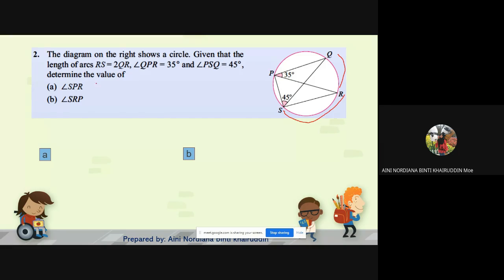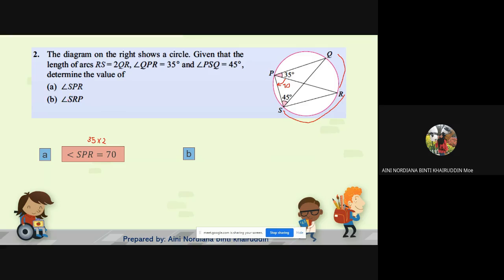Determine the value of angle SPR. So we want to calculate this angle. This angle equals 70. Why? Because QR is 35, so SR is 70, 2 times. It's actually 35 times 2.